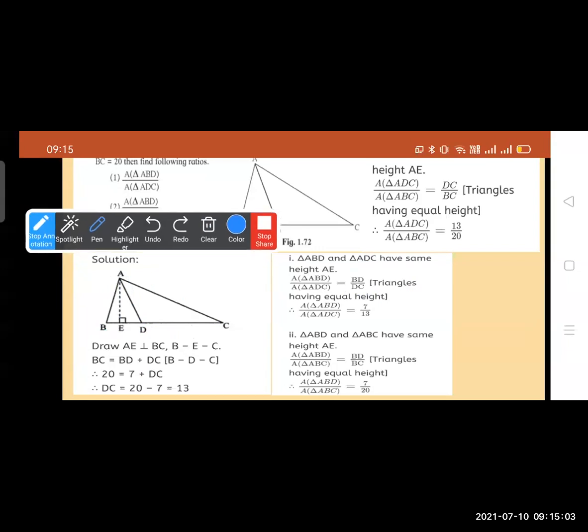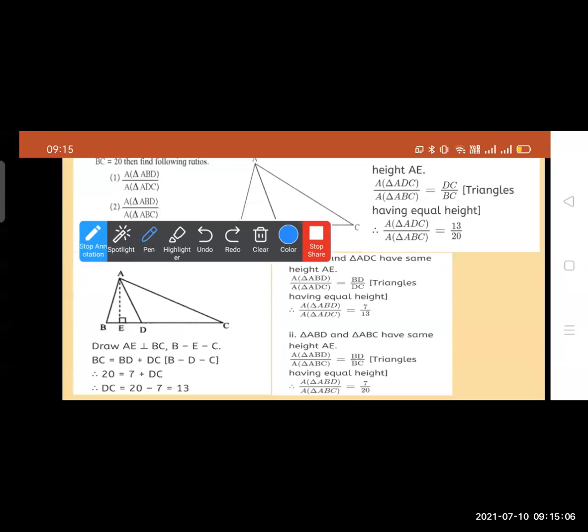Next, the second one. In the triangles, the ratio of triangle ABD and ABC. Again, in these triangles they have equal height. ABC and ABD have equal height from A. Then again we find their ratio using the formula B1 by B2.